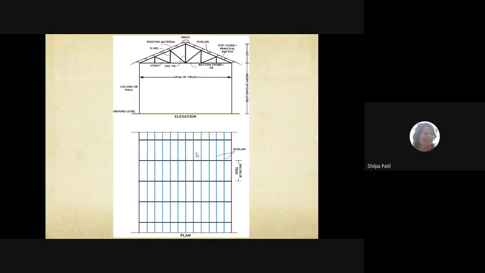In the same fashion, between these two trusses, again one roofing sheet, second, third, like that. If any industrial shed is present nearby your home, you can observe how these roofing sheets are attached to the purlins of the shed.